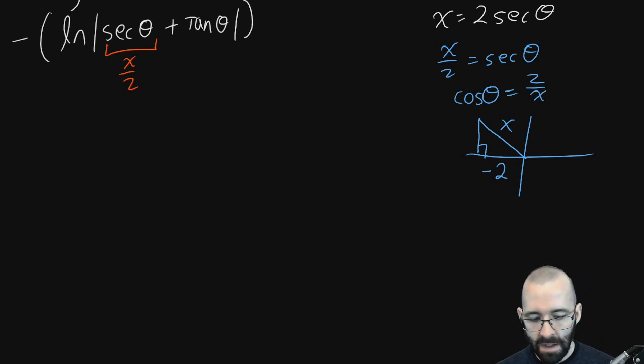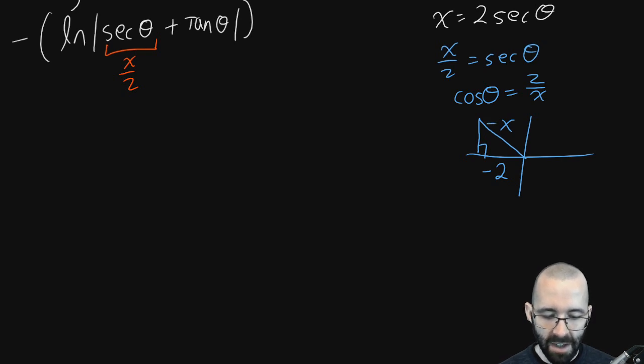Okay. So cosine's positive here, which is good. So wait, x is negative. Theta is in the second quadrant. I want to make sure that everything is right.